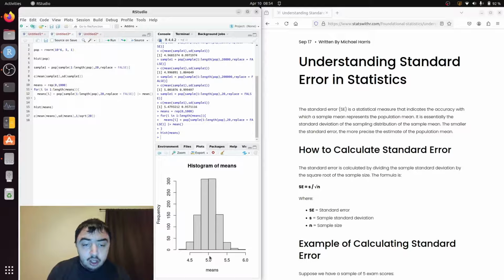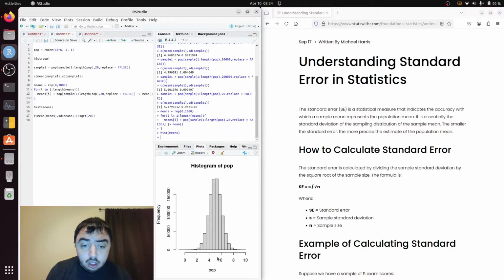Okay, so it looks like the standard deviation is probably around 0.5, because it goes from 5 to 6, and all the data is probably about 2 standard deviations out. That's not true, that's only 95%. There's another 5% past that. But I'd say the standard deviation is about 0.5 compared to a standard deviation of 1.